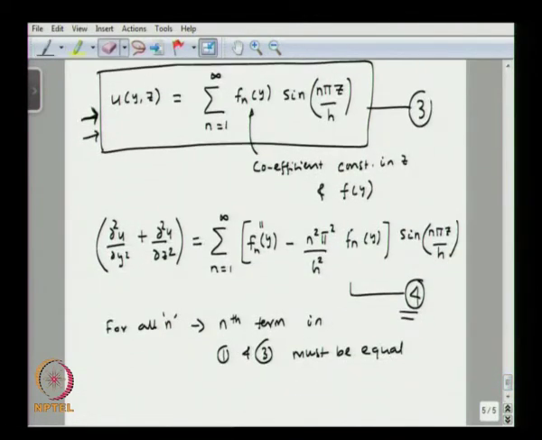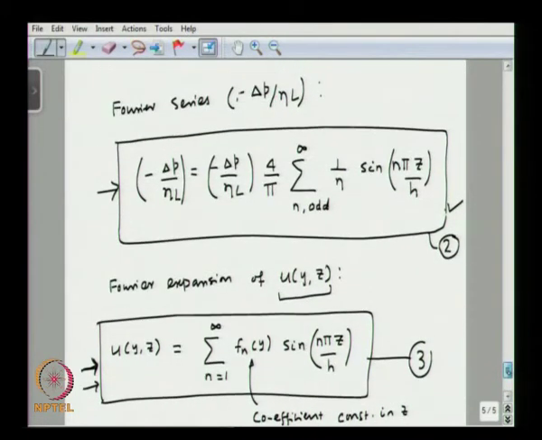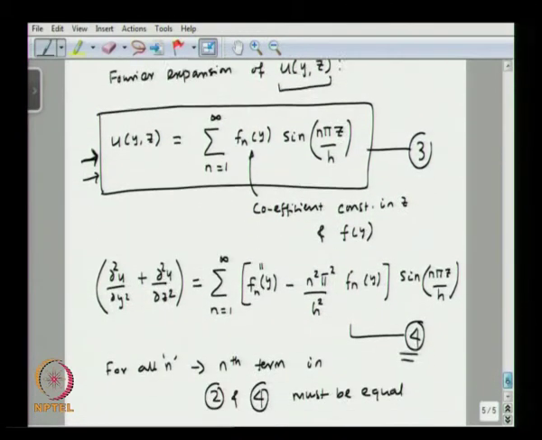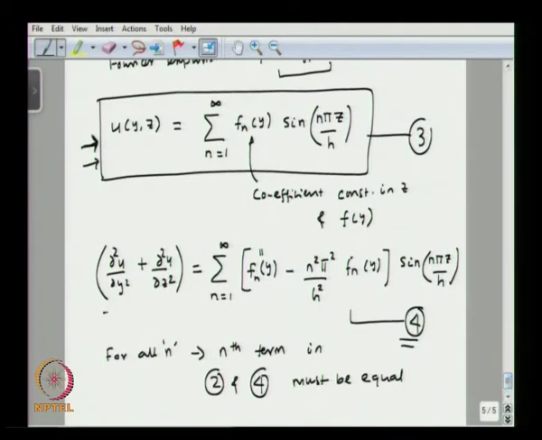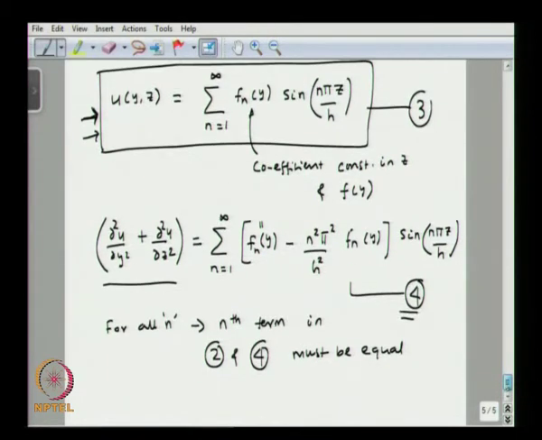So, we are in fact comparing equation 2 and 4. Okay. So, equation 2 is the Fourier series for delta p over eta L, and equation 4 is the expression for the velocity gradient, the viscous term.